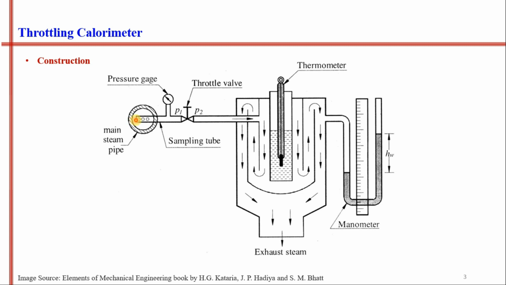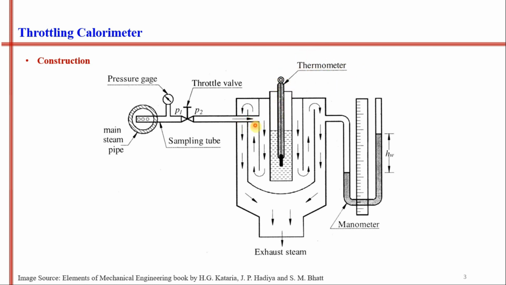We will collect this wet steam sample from this tube and throttle that steam inside this chamber. The pressure will be measured by the manometer and the temperature of the steam after throttling will be recorded by this thermometer.